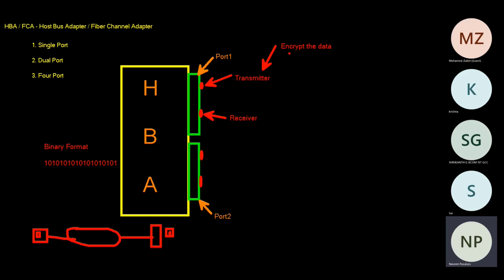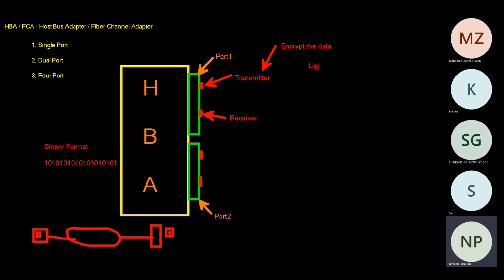That is what we call encryption. Encryption means nothing but just changing the data format and making it non-readable, so that nobody in the middle has a chance to read the data. So my transmitter will encrypt the data. In which format will it encrypt?